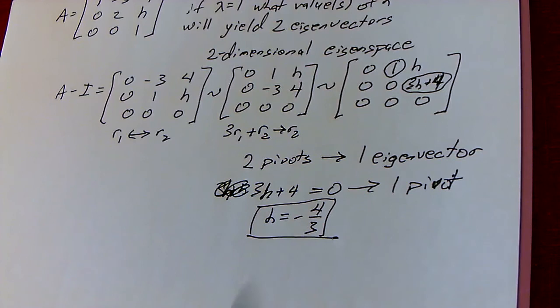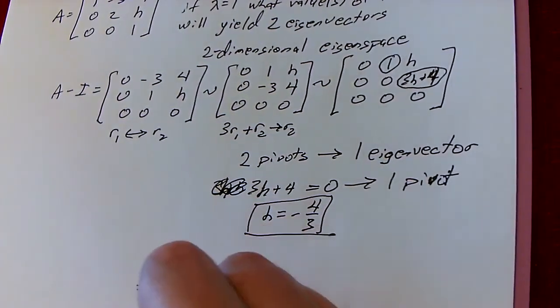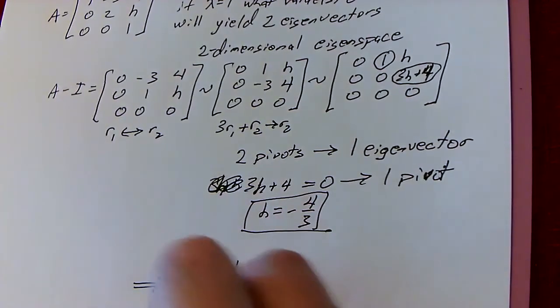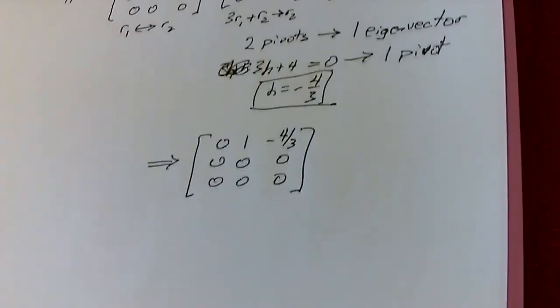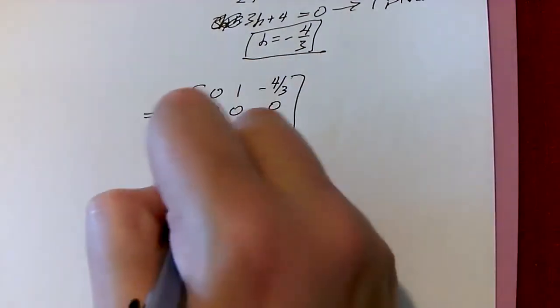Okay, and what that would mean is my matrix here would be 0, 1, negative 4/3, and 0, 0, 0, 0, 0, 0. And I could write a solution set. X1 is a free variable.